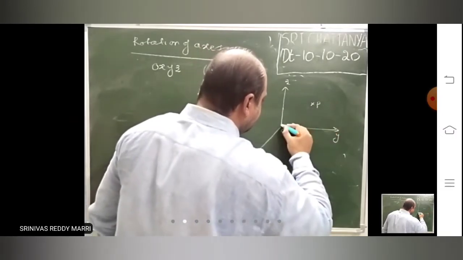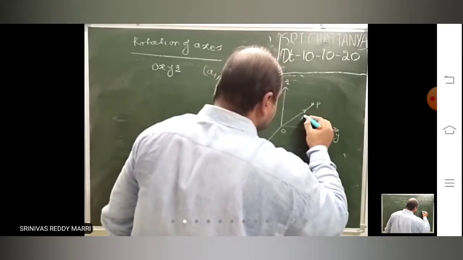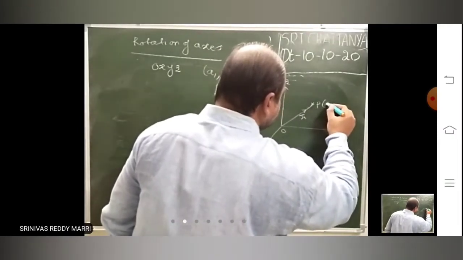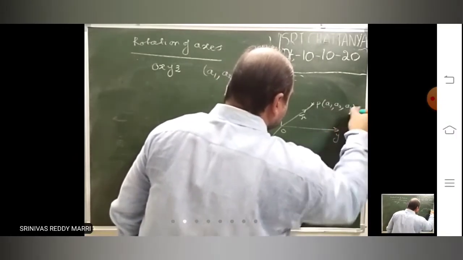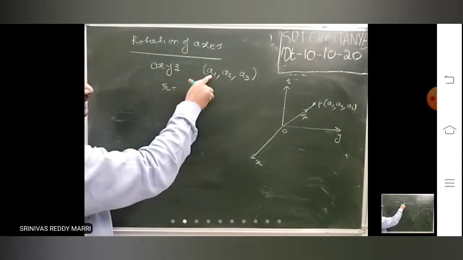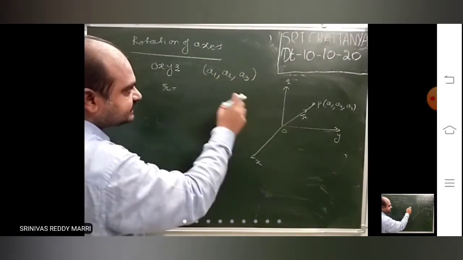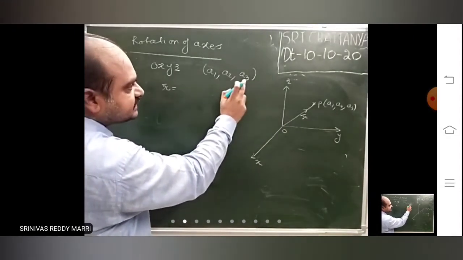Let us say OP bar represents r bar. This has components given. Components given means the r bar x component, that means the component along the x-axis is this, and along the y-axis the component is this.